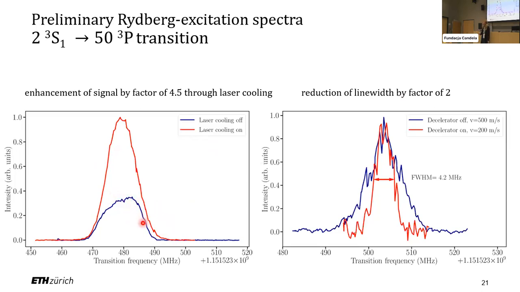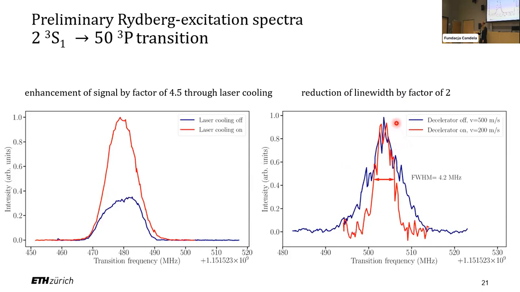In blue, we did not perform any laser cooling to record the spectra, and in red, we use the laser cooling. As you notice, the line width doesn't really change. This is due to the fact that our opening is still smaller than the size of the atomic cloud after laser cooling. This is the reason why the line width doesn't change, but the intensity in the center increases.